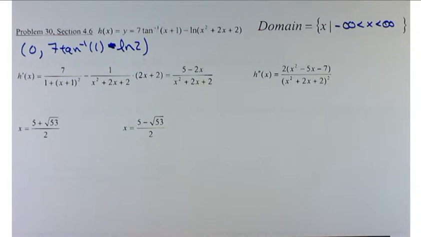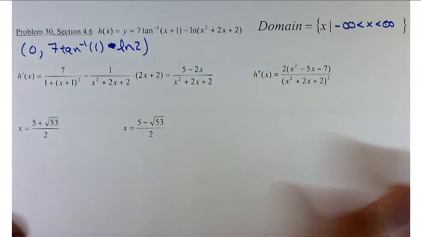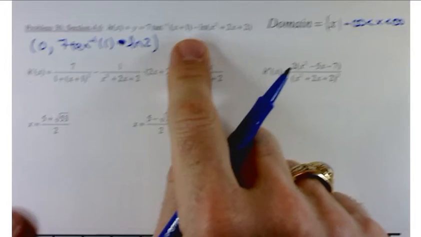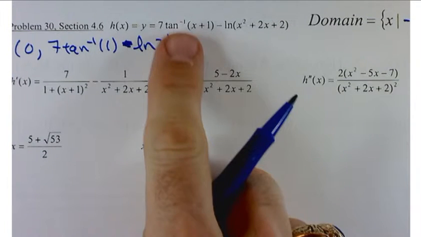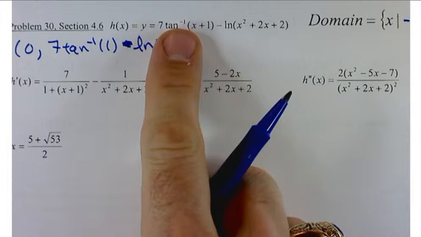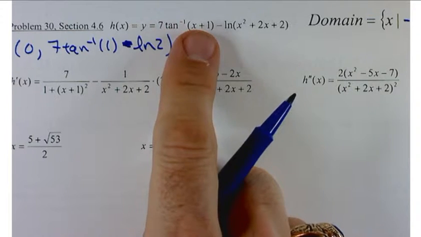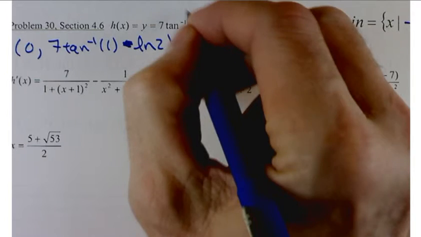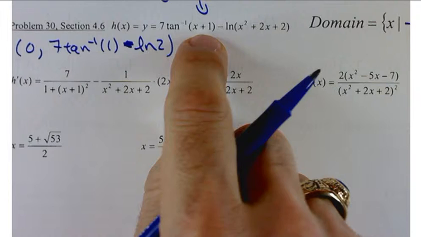The rest of what I want to focus in on is some work with the derivatives. When you differentiate this, the derivative of tangent inverse is 1 over 1 plus u squared times the derivative of u. In this case, my u is equal to x plus 1.